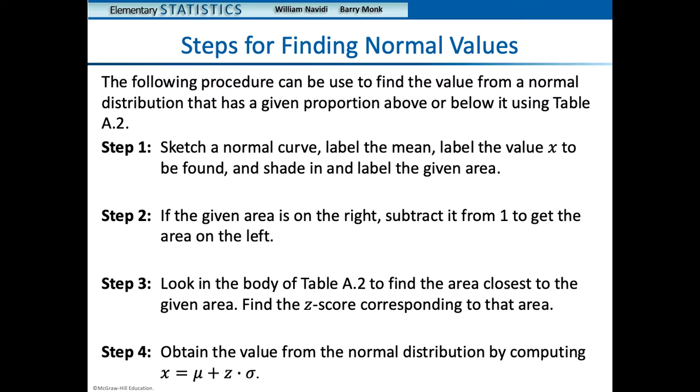But this time we're looking in the main body of the table to try to find the area closest to the given area. And then we find the z-score corresponding to that area. Once we find that z-score, convert it into an x value using this formula right here, x equals mu plus z times sigma.